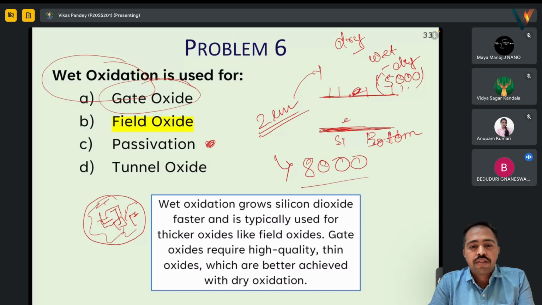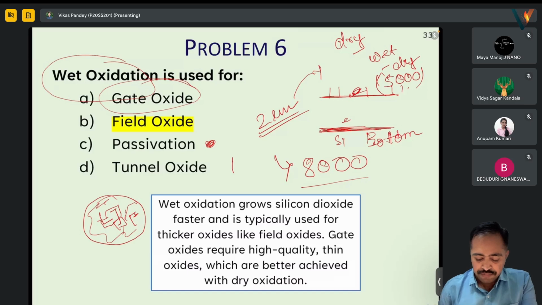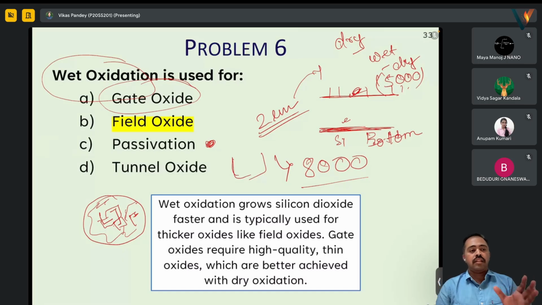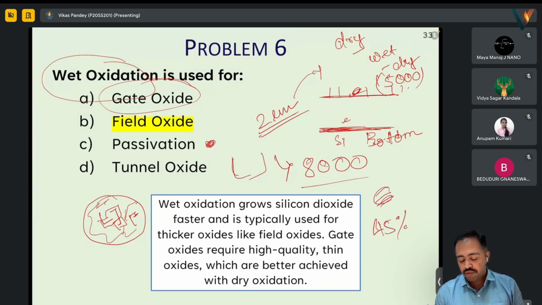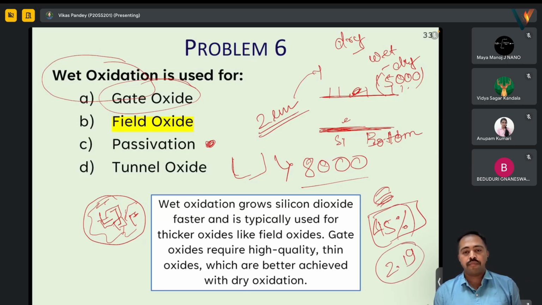Tunnel oxide also will be deposited, and you cannot make it by oxidation. Whenever you need tunneling, we have seen that oxidation will consume silicon, and the volume output will be 2.19 times the actual one.